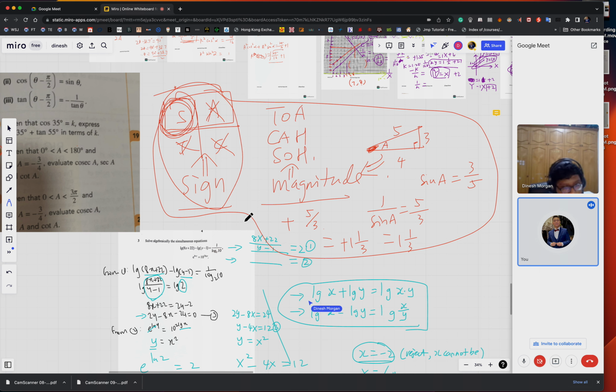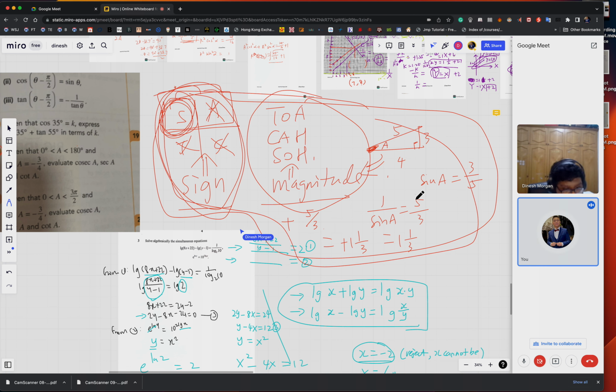And by the way, you always need to ask yourself, what sign? The sign will be taken care by the quadrant, and the magnitude will be taken care by the Tokaso, which is the right angle triangle. So I hope by doing this exact value question this way, you will not get the sign wrong.